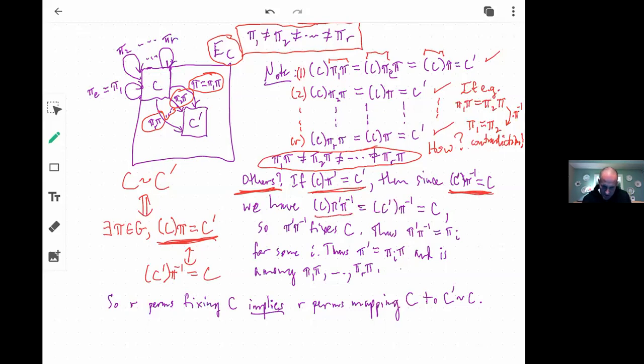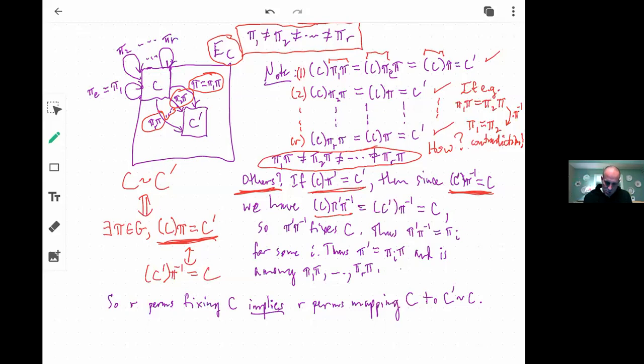Well, pi prime of C is equal to C prime, that was the assumption. So that gives us C prime, but then pi inverse applied to C prime gives you C. So that means that pi prime, pi inverse fixed the coloring C. It didn't move it at all.